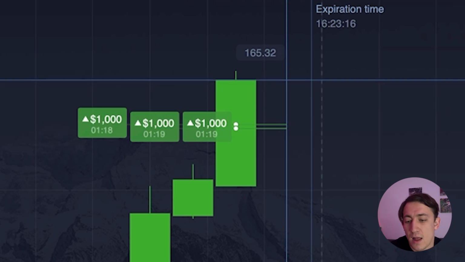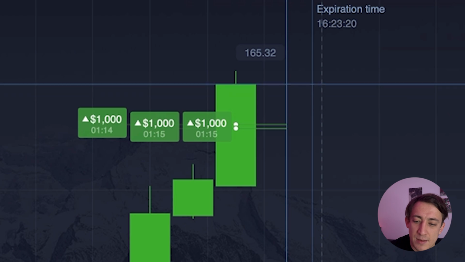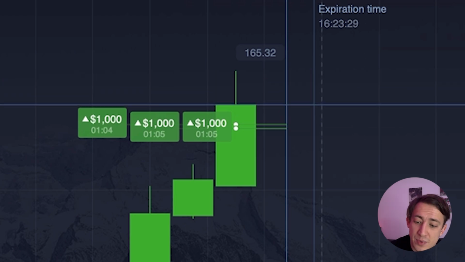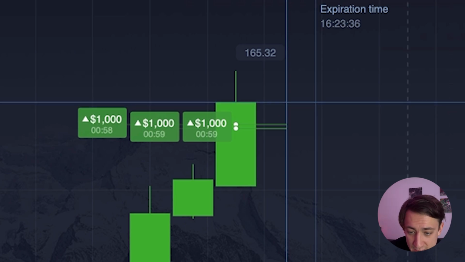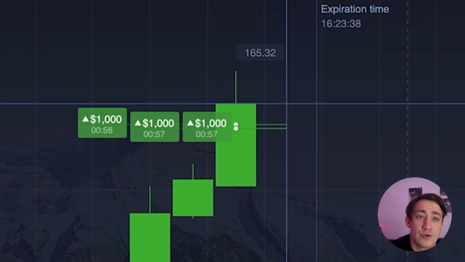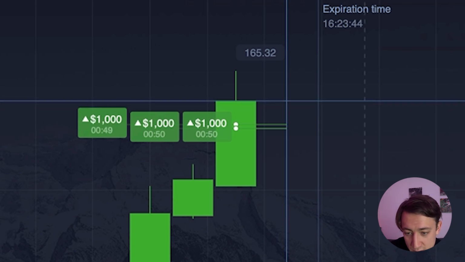And so we just must be patient, and the price is jumping a little bit, and it is really good because the price motion right now is on our side, and so it is really good for our win rate.